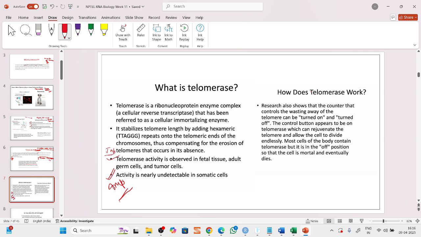So basically, the activity of the telomerase is turned on or turned off. Okay, this you have to understand. If the activity of the telomerase is turned off, which actually happens in most of the cells, so the activity of the telomerase is mostly off in the somatic cells, and therefore the cell ultimately dies after some replications.